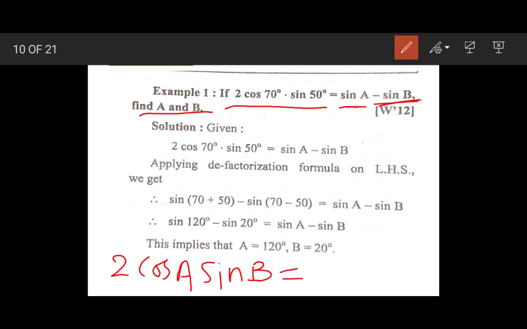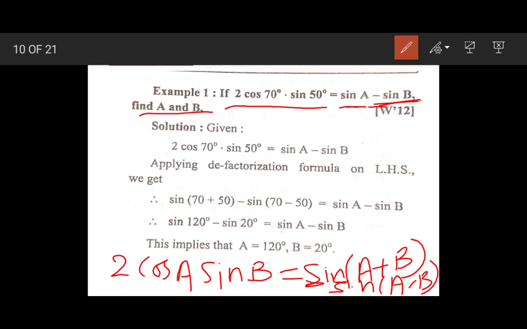This means the multiplication form is given and we have to convert it into subtraction form. For that, the defactorization formula is sin(a+b) − sin(a−b).